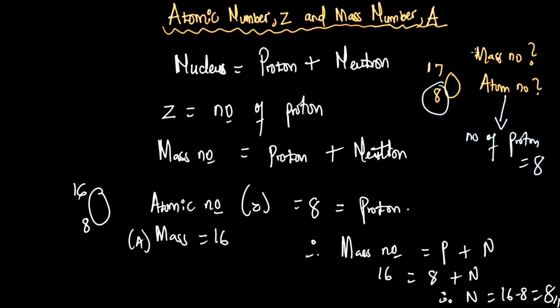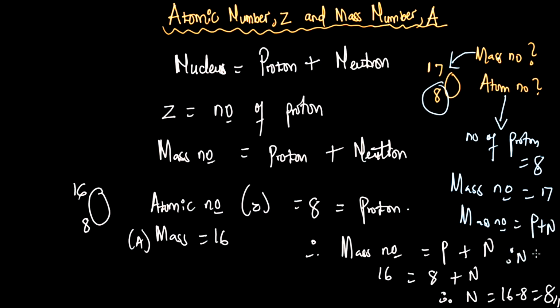The mass number is 17. So now what is the number of protons? The number of protons is 8. So what is the number of neutrons in this atom? The mass number equals proton plus neutron, so the neutron will be 17 minus 8, and that's 9.